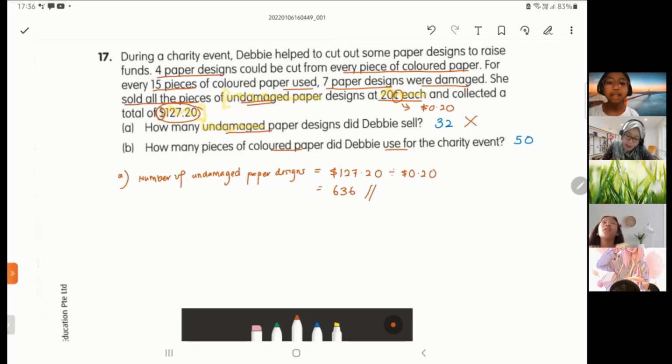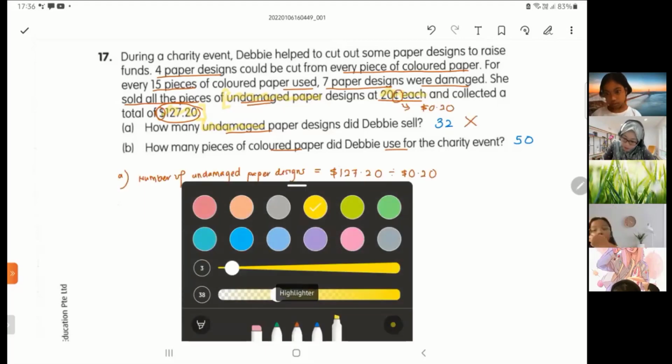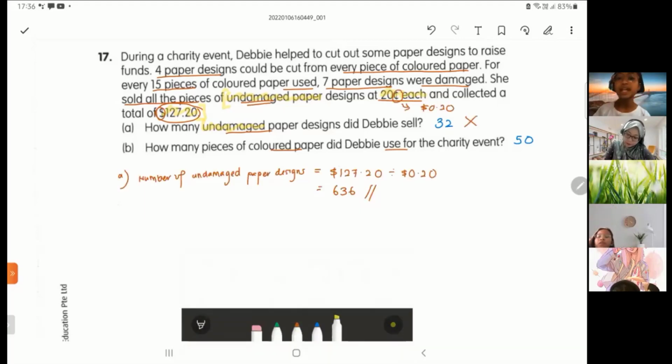Then for part B, how many pieces of colored paper did Debbie use for the charity event? Okay, now we are going to go further forward. Now, if you look, 4 paper designs could be cut from every piece of colored paper. So if I have 1 piece of colored paper, I can get 4 designs. 1, 2, 3, 4.